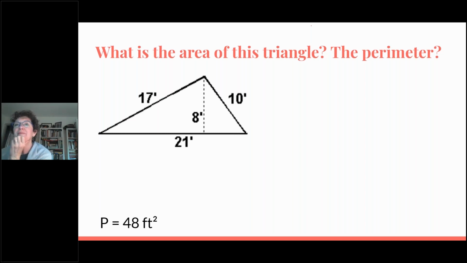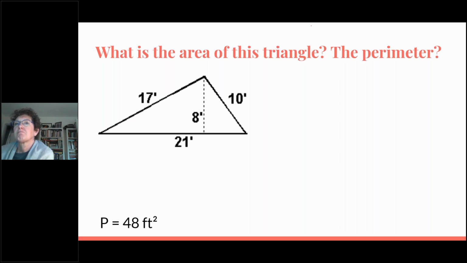Perfect. So what is the base of this triangle? The base of this triangle is 21. Perfect. And the height? 8. So it would be 21 times 8 divided by 2. That gives me 84.